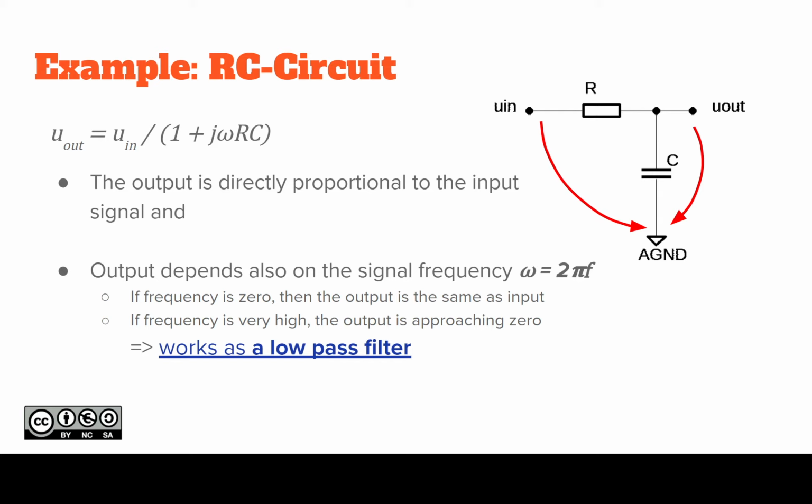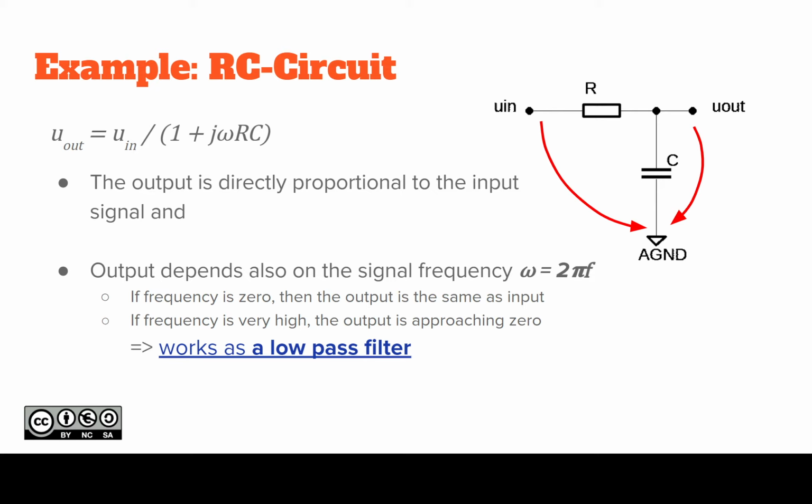Okay, so looking at this formula, and especially that omega, if you have DC, meaning that frequency is 0, then omega is 0 and the output is the same as input. So the divider part is just 1.